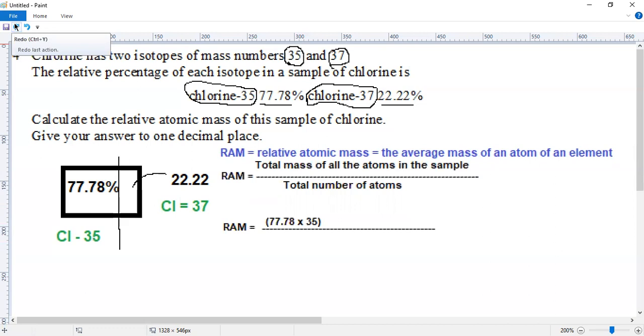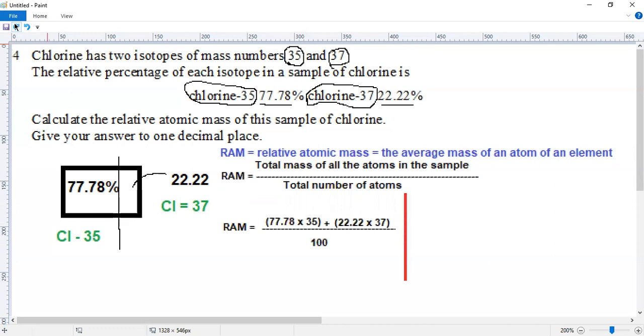Similarly, the mass of chlorine 37 can be calculated this way: 22.22 into 37. That's the total mass of chlorine 37 atoms. When you add them together, you get a summation. You divide that by 100 to get the relative atomic mass. You can do this calculation.